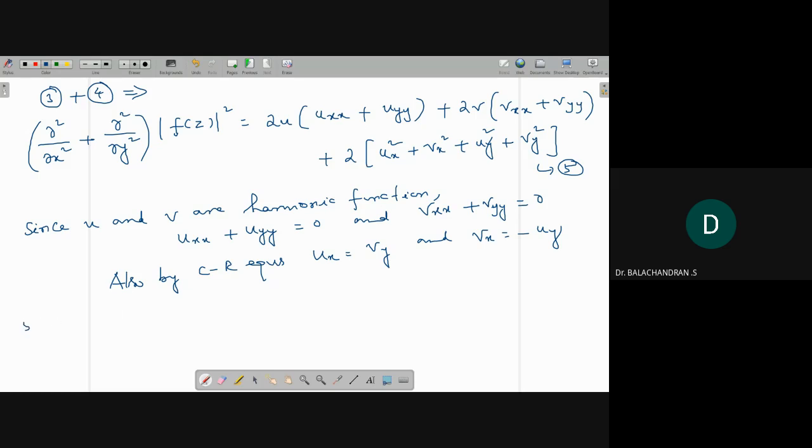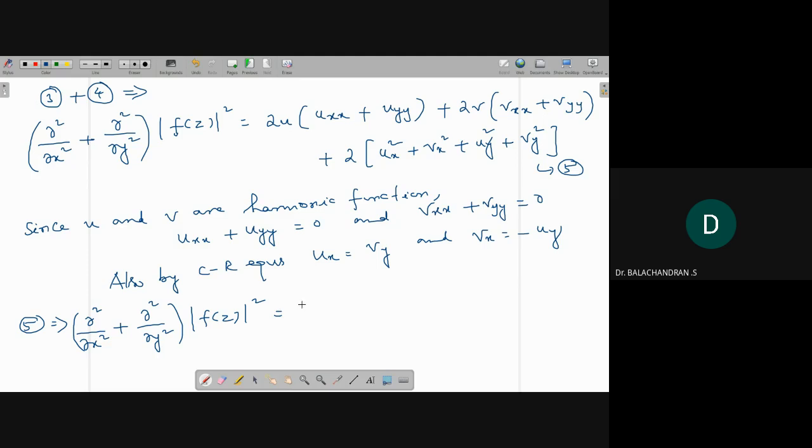So 5 implies the left hand side is del square by del x square plus del square by del y square of mod f of z whole square.